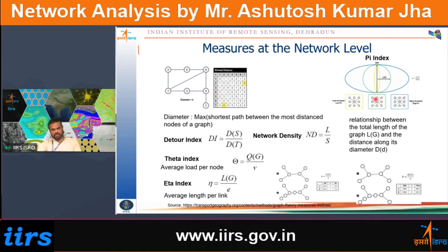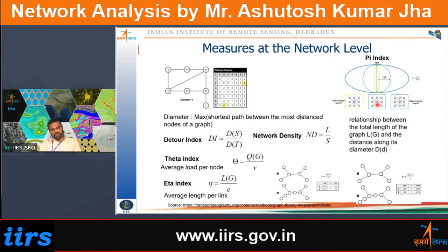In another case, if you see, this has some extra edges attached to it, and this may also lead to a smaller diameter size, maybe a lesser length of the diameter.